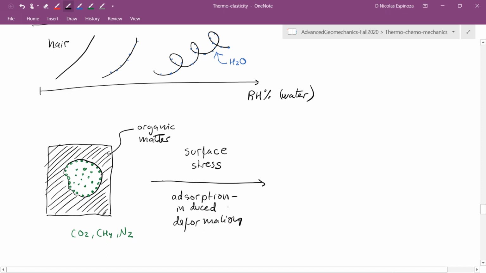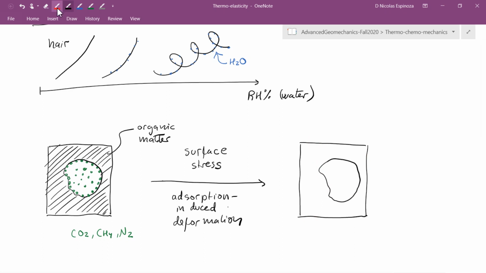And in the case of organic matter, what this is going to produce, let me just draw it again without the molecules in there, just to make it a little bit clearer. If this is my pore and I have a process of uptake or sorption, the solid is going to change size and it's going to get bigger.